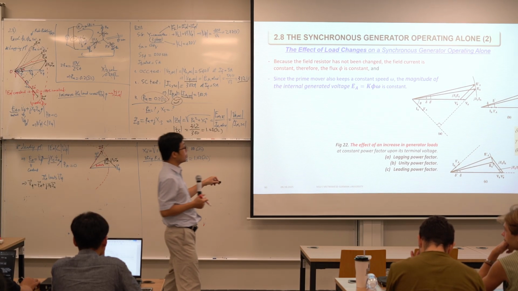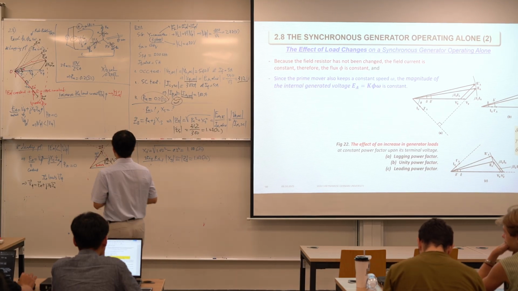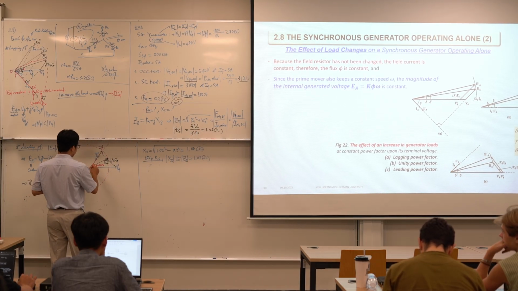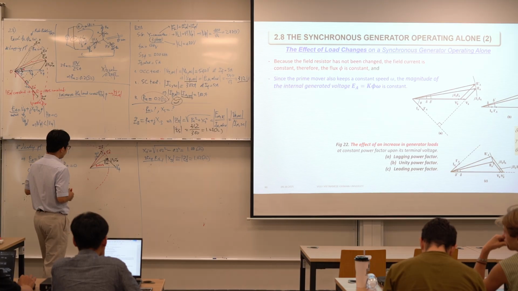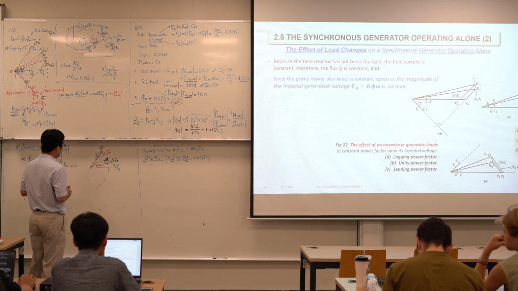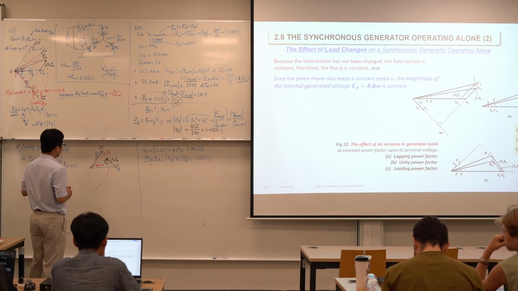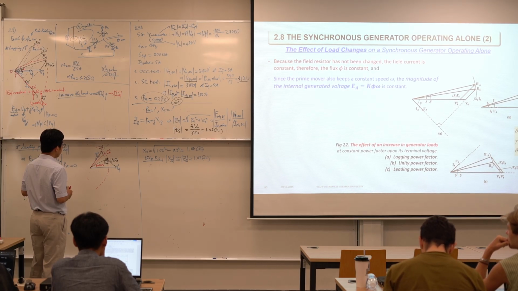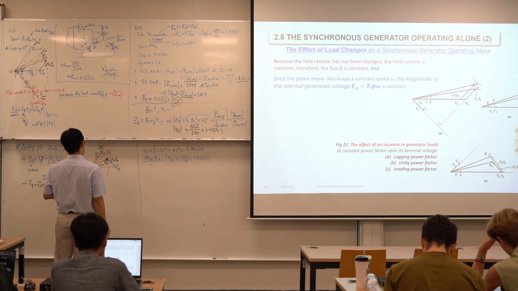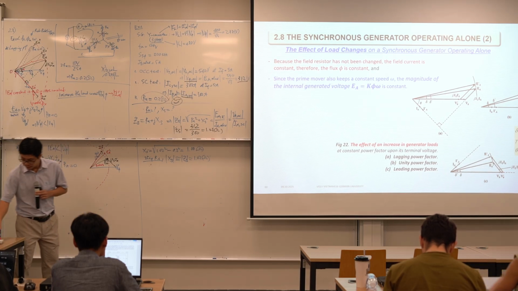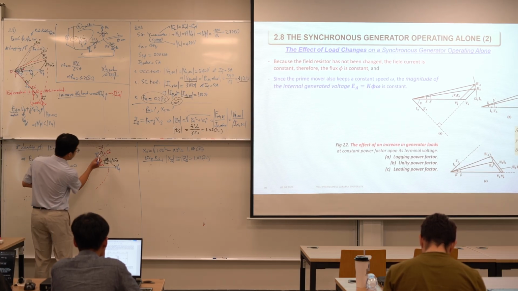So I assume EA over common here, because EA is constant. So we can guess what?